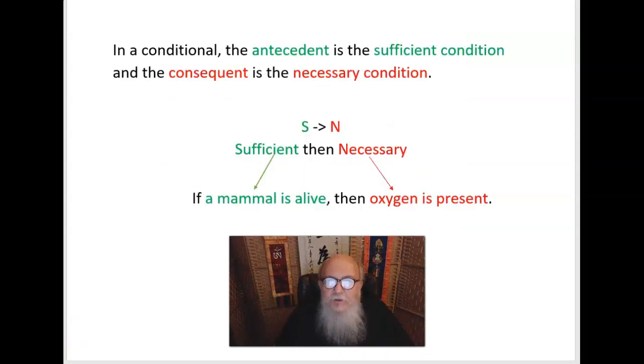Now, in a conditional, the antecedent is called the sufficient condition, and the consequent is called the necessary condition. To help you remember this, when you're translating, just think sufficient then necessary, S then N, S then N. If a mammal is alive, then oxygen is present, the sufficient condition and the necessary condition.